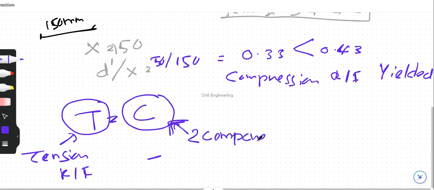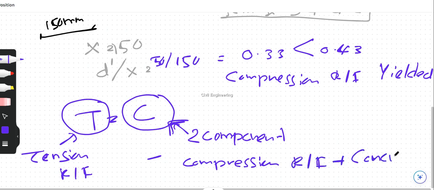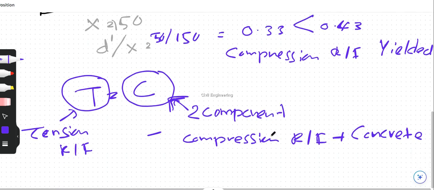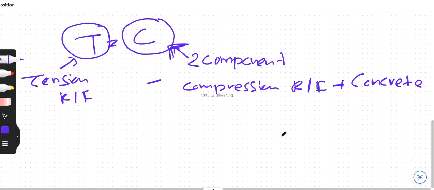What are they? They are the compression reinforcement and the concrete. Here concrete means the concrete in the compression zone, not the whole concrete, but the concrete inside the compression zone.